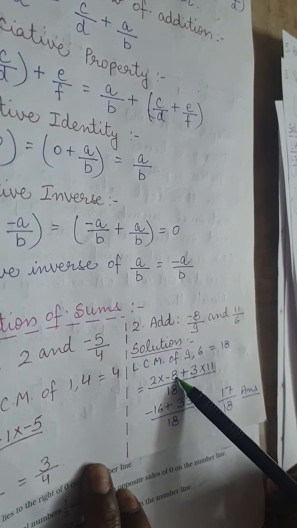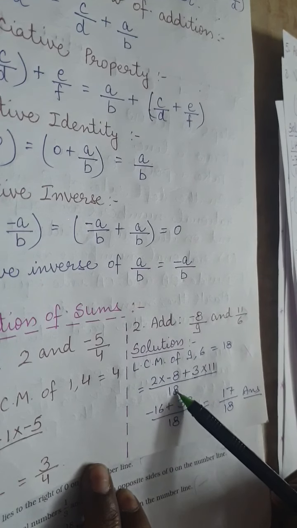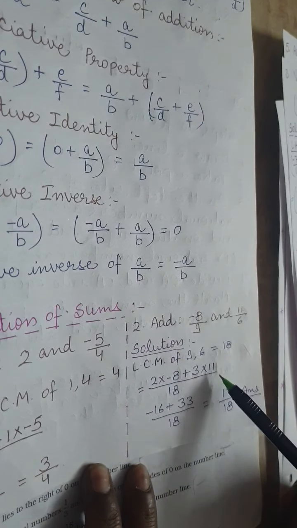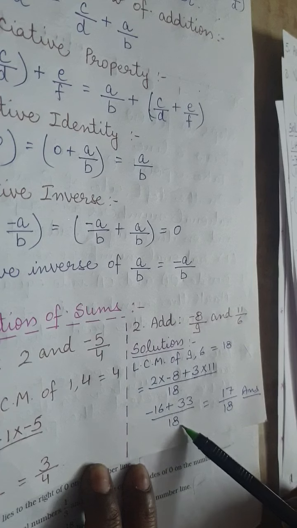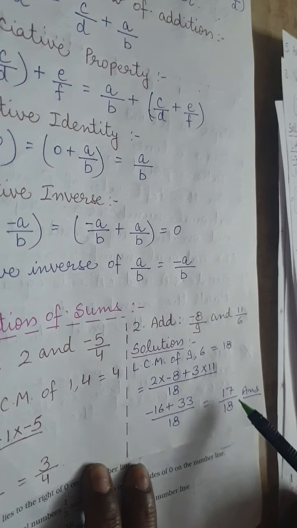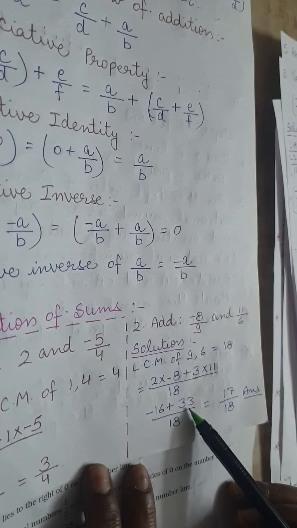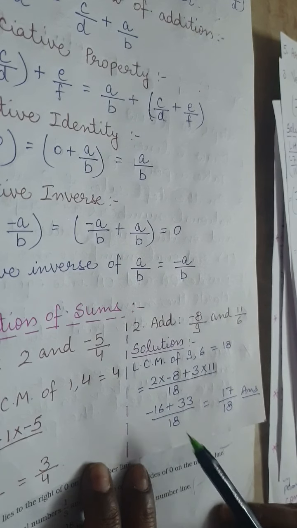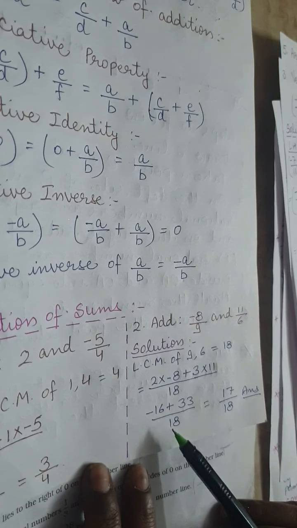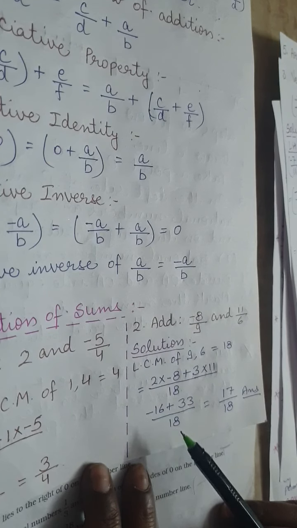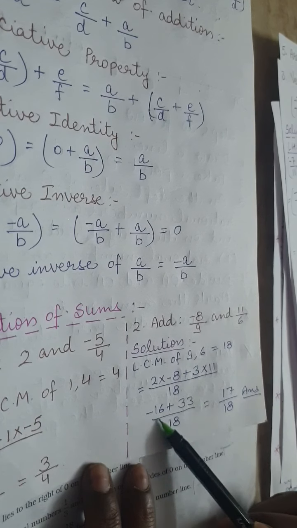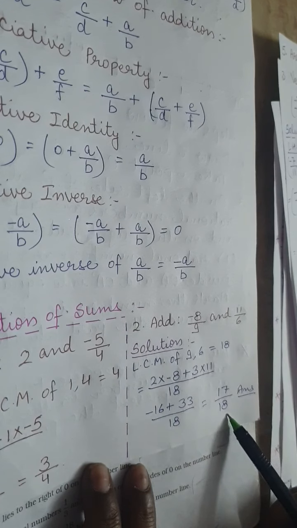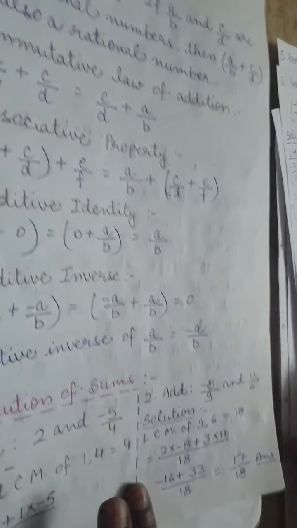So 2 multiplied by minus 8, plus 6 threes are 18, 3 multiplied by 11. So we get minus 16 plus 33 divided by 18. One is positive and one is negative, so we should subtract the numbers, the smaller number from the greater number. So 33 minus 16 is 17 divided by 18.